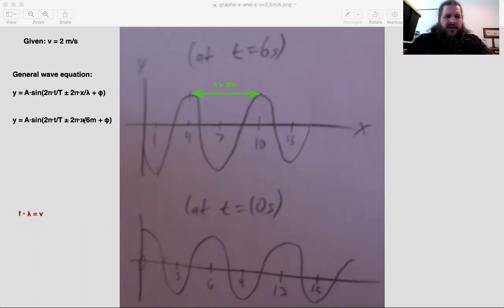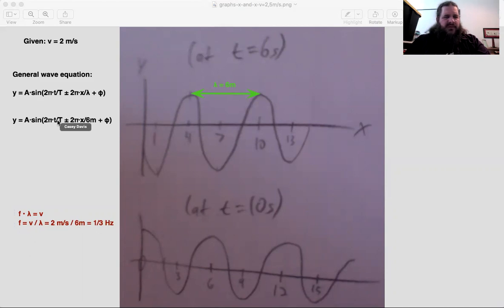And we know the speed that's given. We know the wavelength that's measured from the graph. So frequency equals speed over wavelength, which is going to be 2 meters per second divided by 6 meters. In other words, 1/3 hertz.